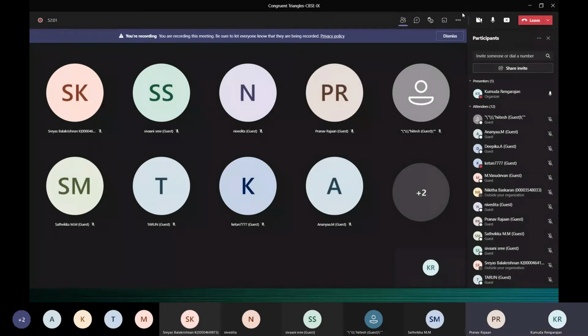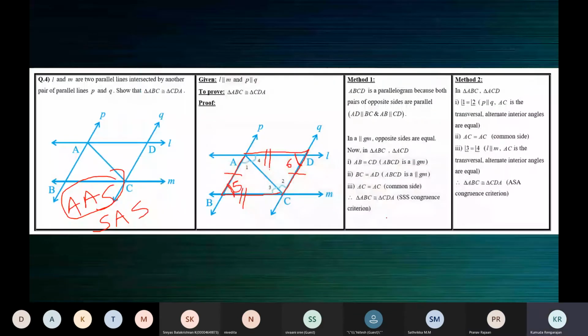SAS, is it? Okay. Very good. Perfect, Kanishka. Shreyas. Yes, Shreyas, you have corrected it.